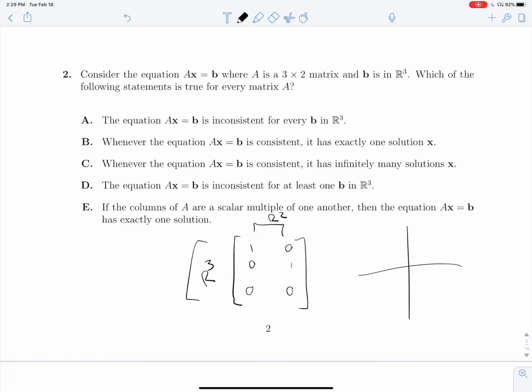So our basis vectors in R2 are going to be 1, 0 and 0, 1. That's the basis for how our coordinates are measured. But what this transformation here is doing is absolutely nothing. It's just taking the xy plane in 2 dimensions and putting it exactly where it was before.